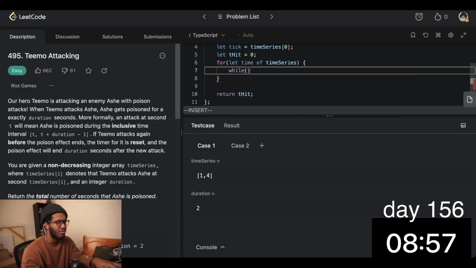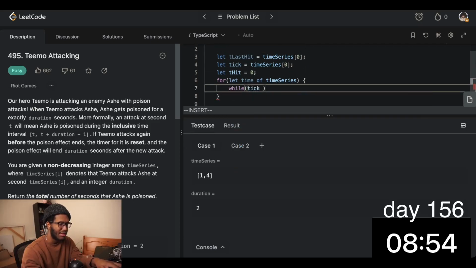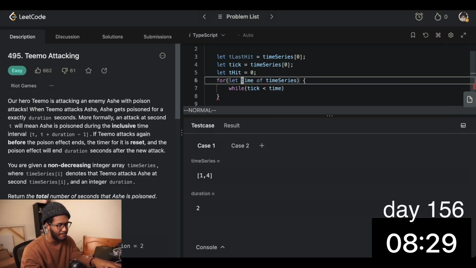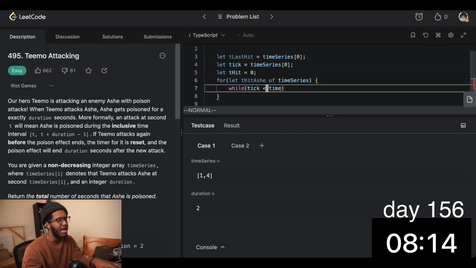And in this while loop, while tick is less than the time, we'll call it t hit Ashe of time series.